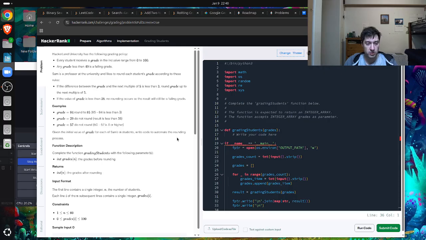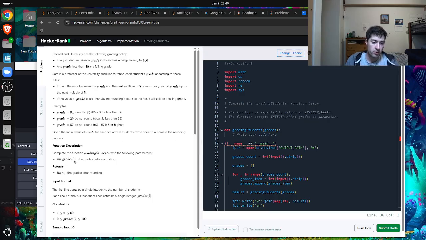So function description. Normally I would just eagerly jump right in, but I'm just going to read through it because this is what we're also trying to do, improve our reading comprehension with these kinds of questions. Complete the function gradingStudents with the following parameters.